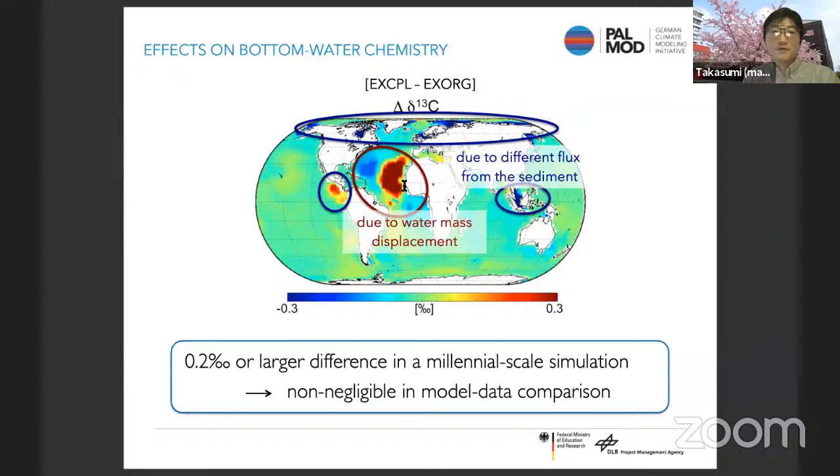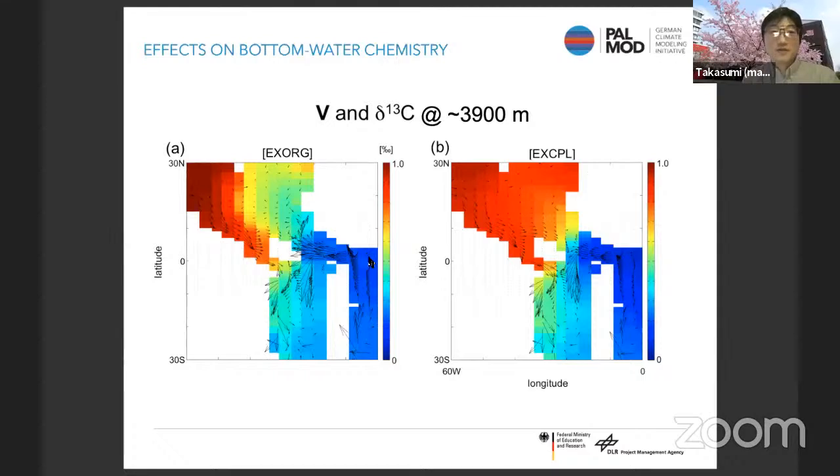For this red anomaly, if you see the velocity vector fields and the delta carbon 13 fields at the depth of 3,900 meters in X couple, there is much weaker penetration of southern source water having low delta carbon 13 into the North Atlantic, so that we got much higher delta carbon 13 here in the low latitude eastern part of the North Atlantic compared to this, and this corresponded to the red anomalies, one of the dipoles.